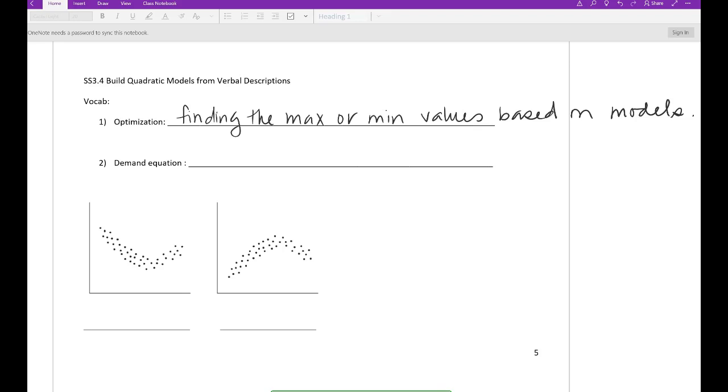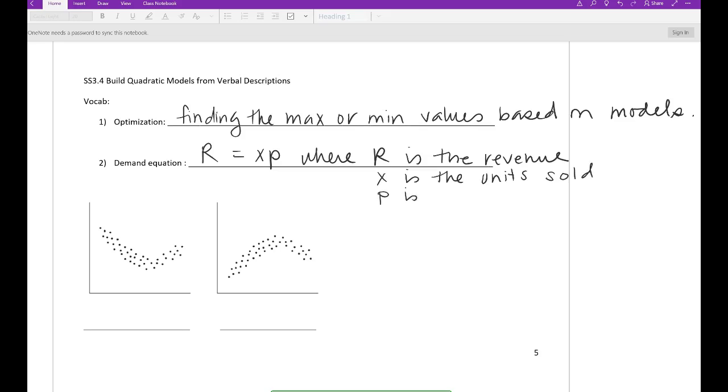Demand equation, we're gonna start with R equals X times P, where R is the revenue. This makes so much more sense now. I was wondering where they got that equation from. X is the units sold. And P is, guess what? Price.